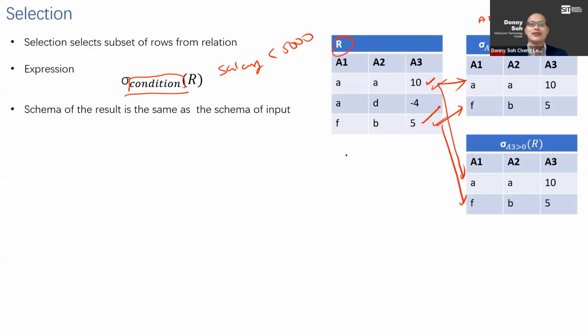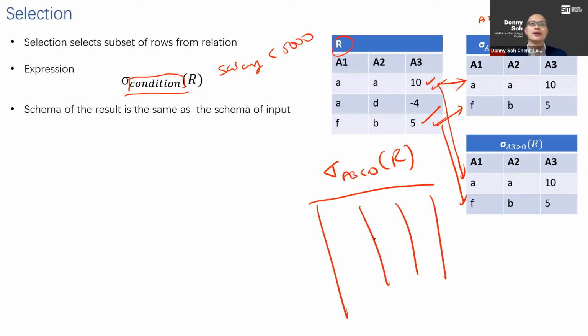So if I happen to have a sigma where A3 less than 0 of R, I will have A1, A2, A3, and A4. Okay, so this is the query of sigma of A3 less than 0.